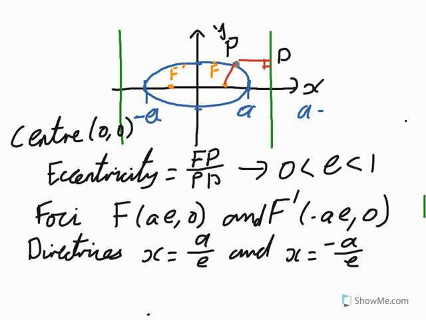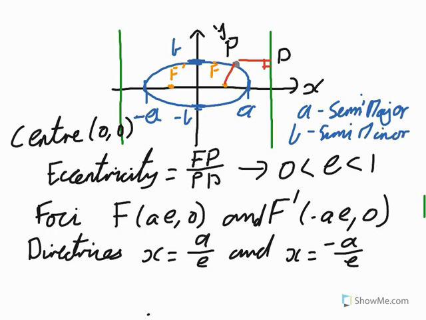So A is semi-minor axis, and B is the distance from the centre to out here on the y-axis, and B is called the... I've mucked that up, got them the wrong way around. Sorry about that. So A is a semi-major because it's bigger, and B is a semi-minor because it's smaller axis.